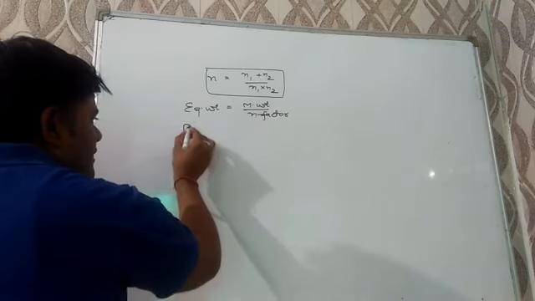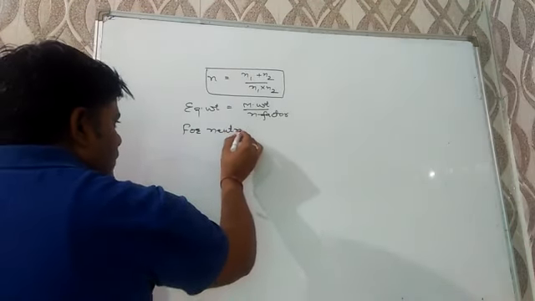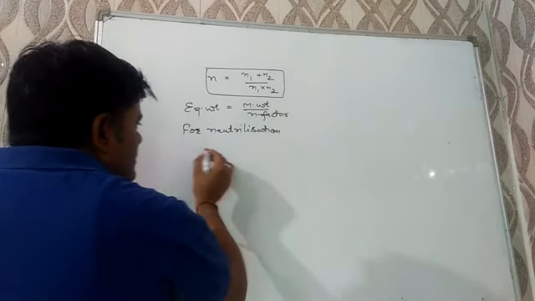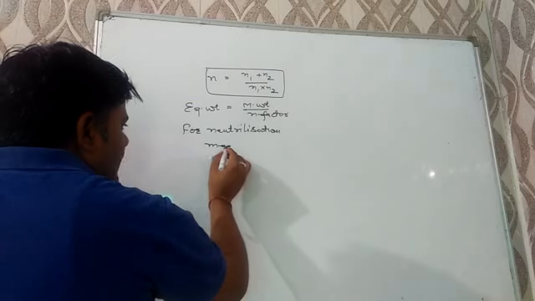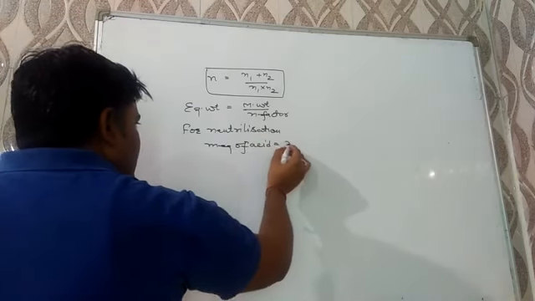And for a neutralization reaction, milli equivalent of acid should be equal to milli equivalent of the base.